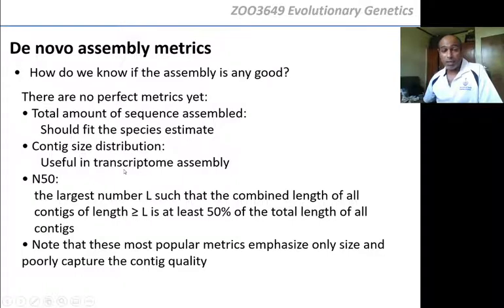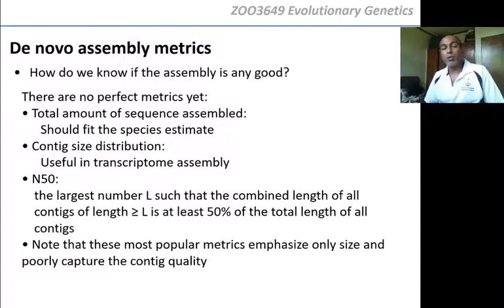How are the contig sizes distributed? What is the N50 number? So contigs are basically pieces of the whole genome that are put together, and the genome is made up of many of these contigs, thousands of them, which you can equate to the large pieces that we used for the assembly.